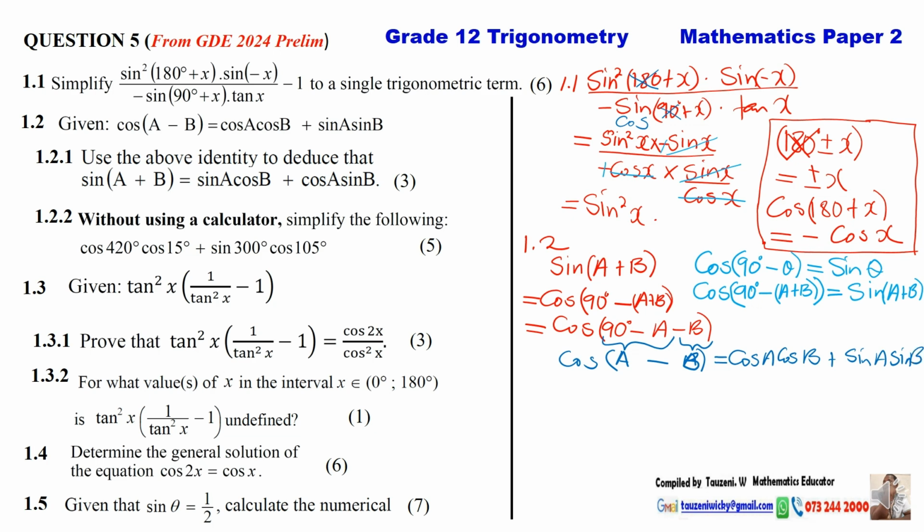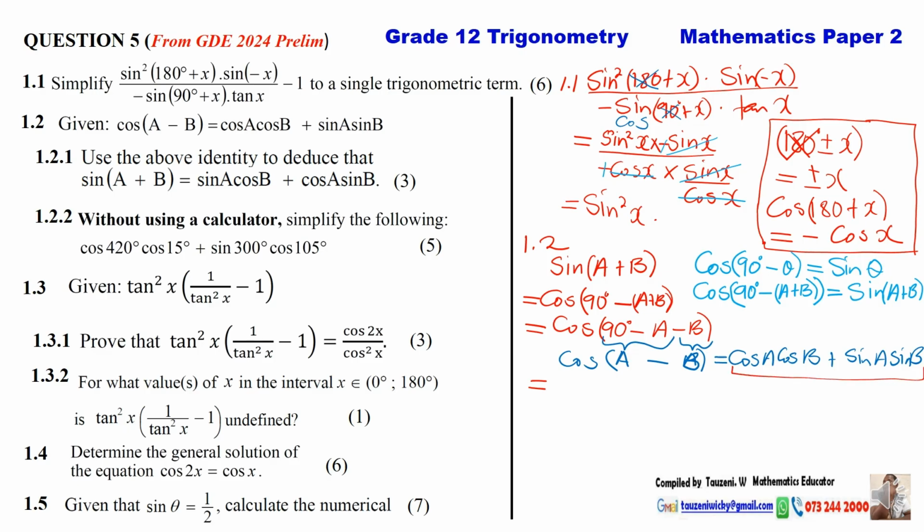Now let's substitute into this formula to complete our proof for the sine of a plus b. So we're going to say this is equal to putting 90 minus a in place of a in this expression here.